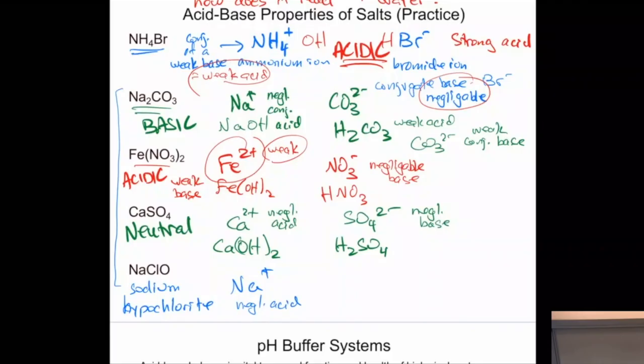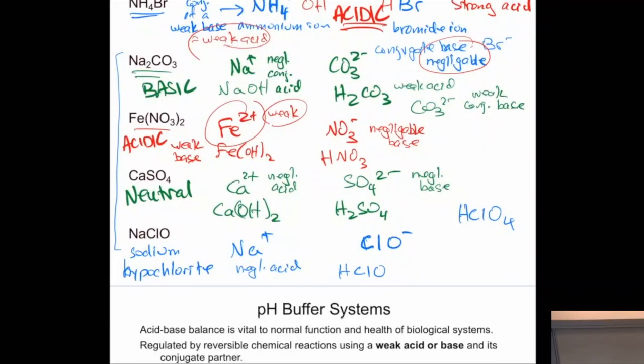And the hypochlorite ion, that would be ClO minus. How do we evaluate whether that's an acid, or what kind of acid it is? We stick a hydrogen on it. All right, so this is going to be a weak acid, which means that this is going to be a weak conjugate base. So the pH of the solution should be basic.